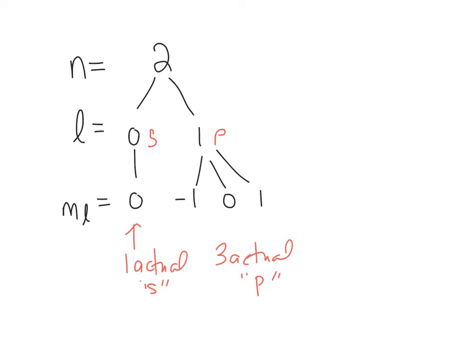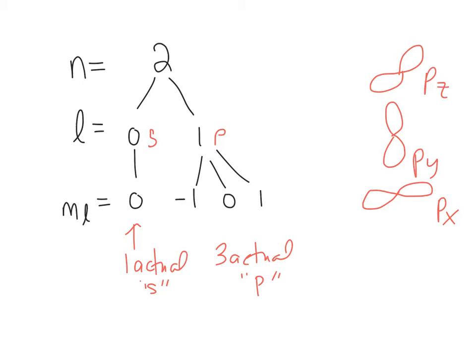What does it mean by actual? There are 3 separate p orbitals. You've got a px, you've got a py, and you've got, really hard to draw, a pz.